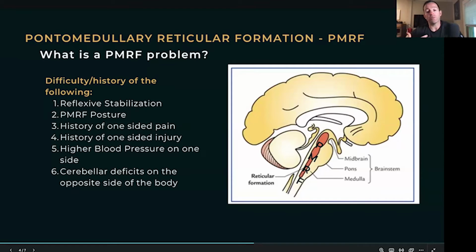You have both a right PMRF and a left PMRF. So if the PMRF isn't doing its job properly, sometimes it will fail to inhibit pain on that side of the body. And when I talk to clients, very commonly I hear from them that they have one-sided pain issues, and those pain issues have been long-standing for quite a while.